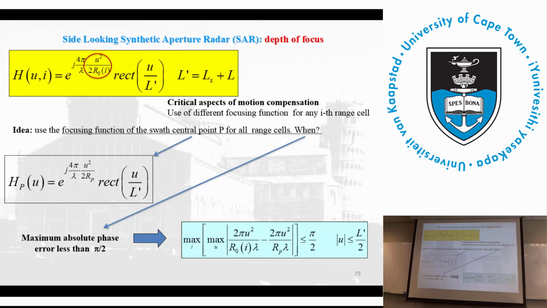There will be an error, that will curve this, so that means that my integration will be less. How much can I tolerate? Well, that will depend on how much I can tolerate this. And the further away I go, the worse it becomes. So there'll be a limit, and this limit will give me the depth of focus: the max value of i that allows me to stay within those limits.